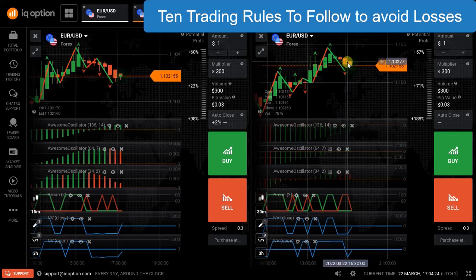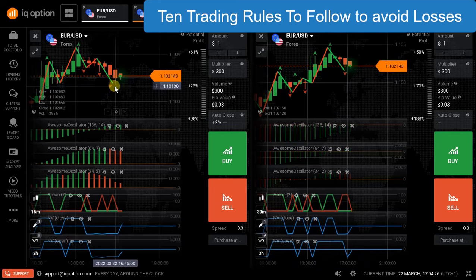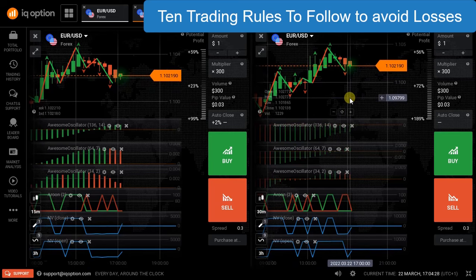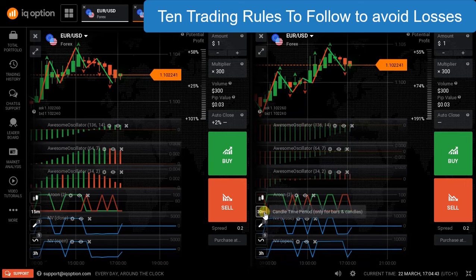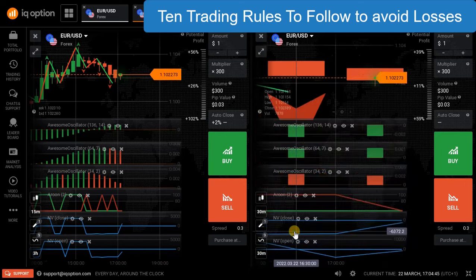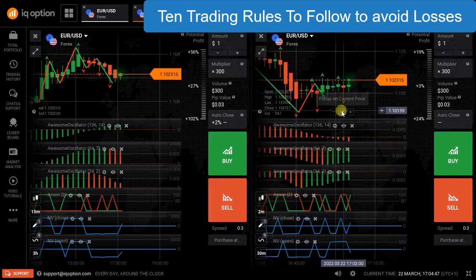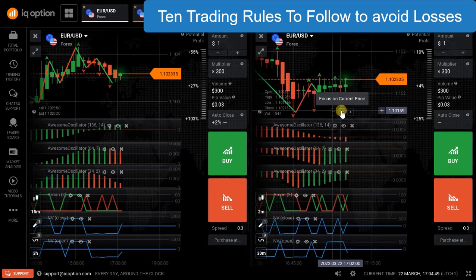Make sure you monitor this guy, because you might enter a trend here that is not agreeing with this big guy, and you will end up making a lot of losses. So make sure you always have a bigger interval ahead of you that is actually giving you a go-ahead into that trend that you're entering. So quite simple. I'll be explaining more about these trading rules. Don't worry, today I'm just giving an overview.